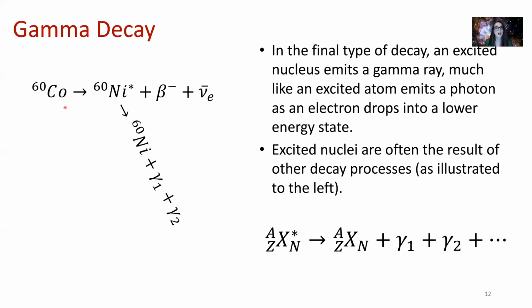So here we have a beta decay process, but our daughter particle right here is also undergoing gamma decay. So it is going to decay and emit gamma particles or photons in the process. So when you undergo gamma decay, you don't change your total number of nucleons, you don't change your number of protons or neutrons, but you do emit light.